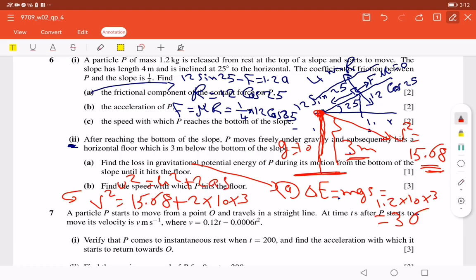Then using your calculator you can find v equals 8.70, corrected to 3 significant figures. Don't forget the unit.